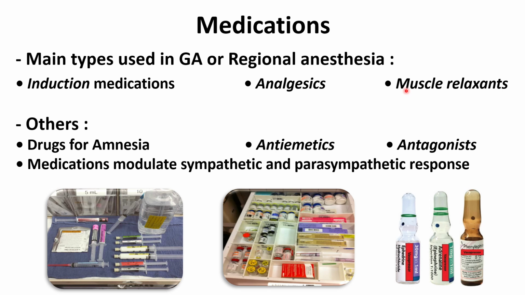For example, if you have the muscle relaxant rocuronium, whose trade name is Esmeron, its reverse is sugammadex, whose trade name is Bridion. So if you have Esmeron, you should have the Bridion in order to reverse it easily, or you should have the neostigmine and atropine for reversal of other muscle relaxants like atracurium and cisatracurium.